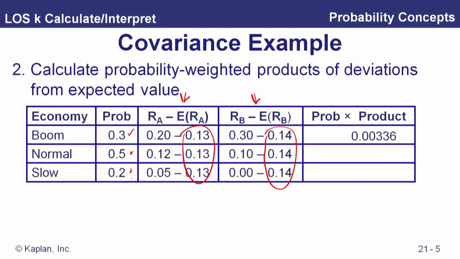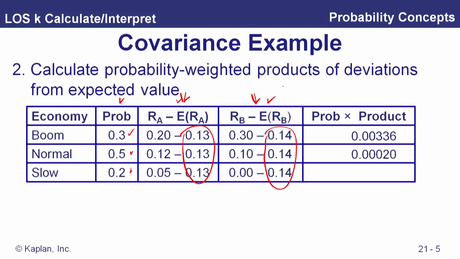So here's the calculation here. That is column 2 times column 3 times column 4. Okay? The probability multiplied times the product of these 2 deviations.